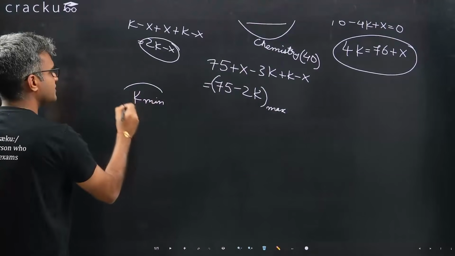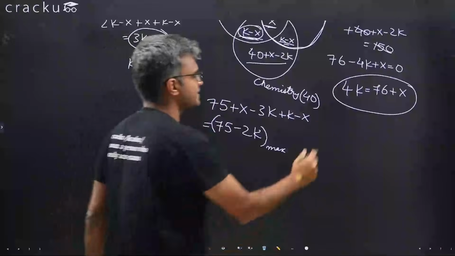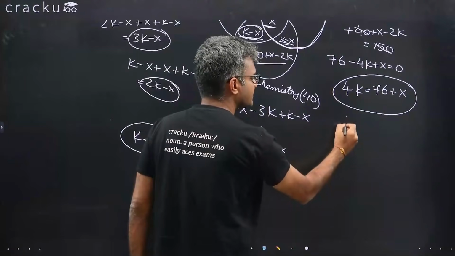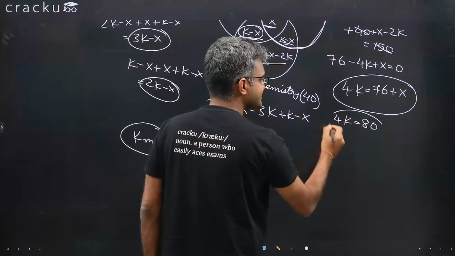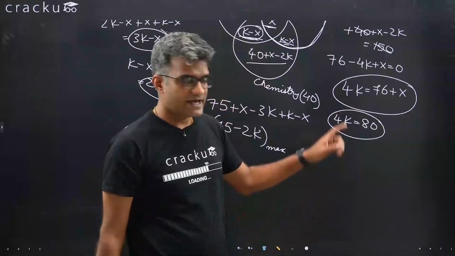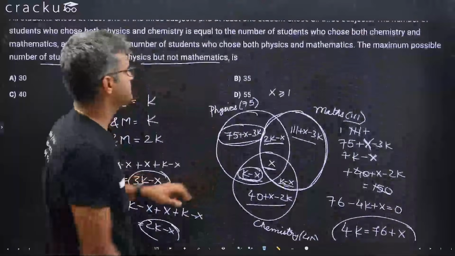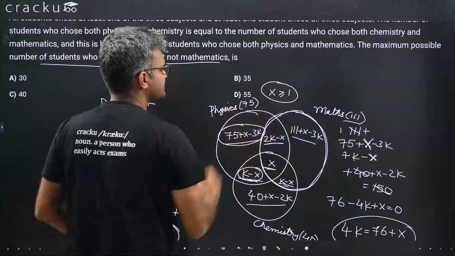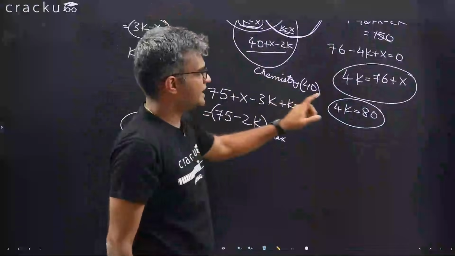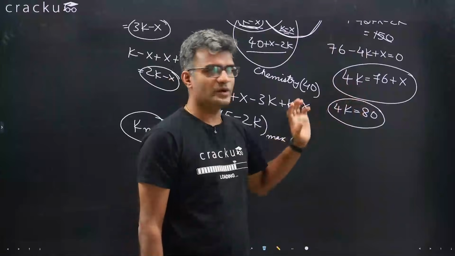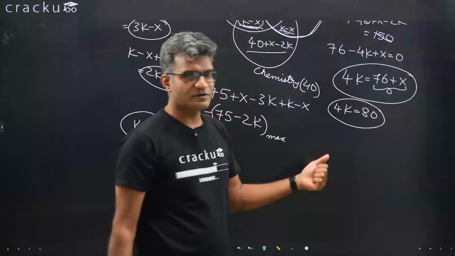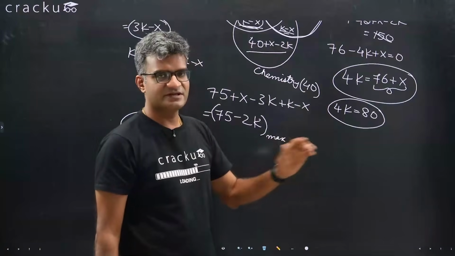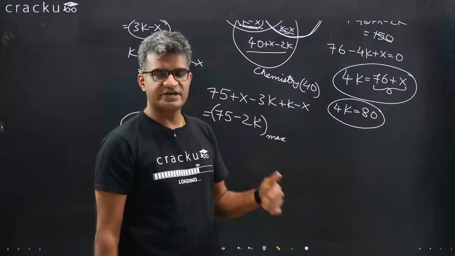What is the minimum value of k? From this particular equation, the minimum value of 4k will be 80. Because x cannot be equal to 0. x is greater than or equal to 1. The number of students who chose all the three subjects is at least 1. So x is at least equal to 1, and the right hand side has to be a multiple of 4. If x is equal to 1, 4k will be 77. That's not a multiple of 4, nor is 78 or 79.